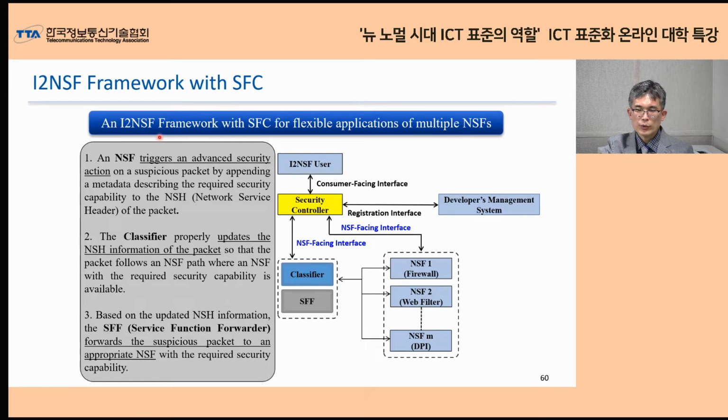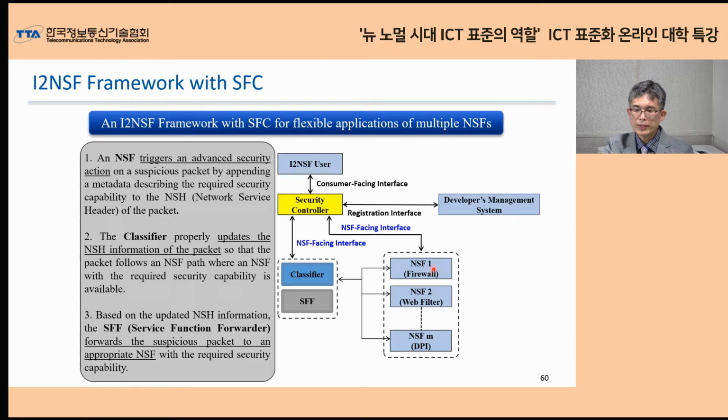Secondly, the I2NSF framework with SFC. We want to provide a chaining service, such that one packet belonging to one flow penetrates first a firewall, secondly a web filter, and finally DPI inspects this packet.